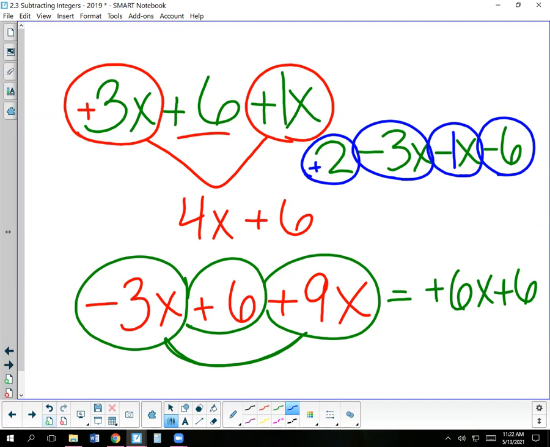What am I allowed to put together? 3x and 1x, but -3 and -1x. Same side or different side? Same, so we would add them, right? So what would this answer be right here? -4x. Am I allowed to add the +2 and the -6? Yes, why? They're both constants. So who won the battle, the good or the bad? The bad, by how many? There's your answer.